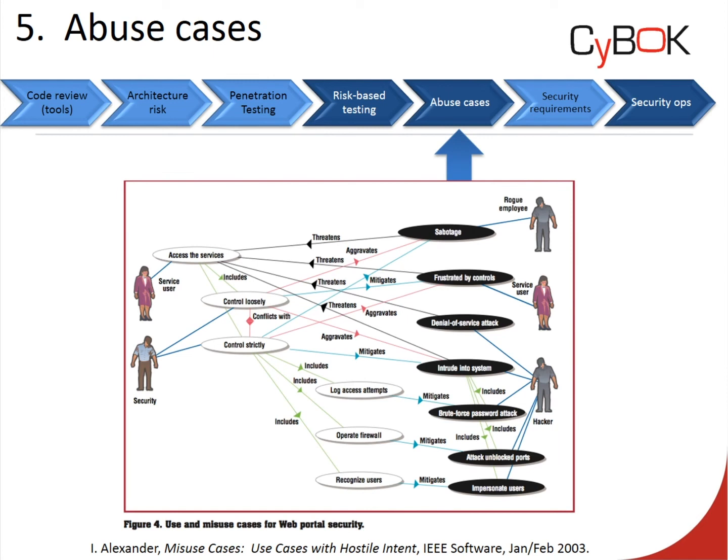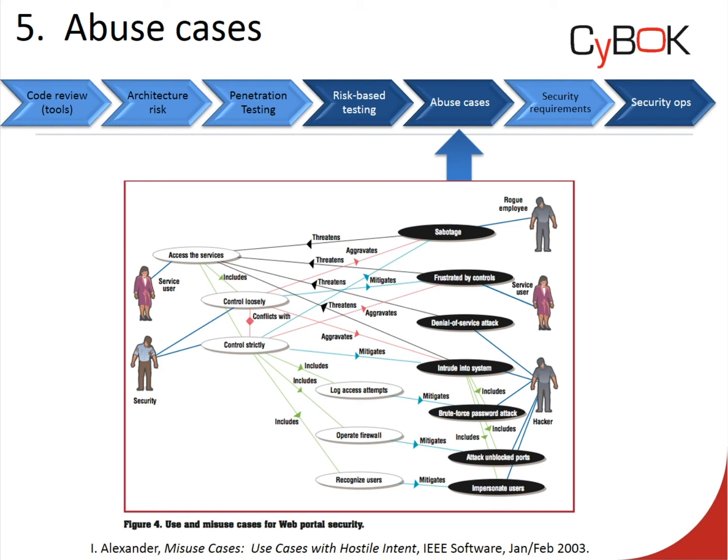Another is specifically abuse cases, and abuse cases are a form of security requirements, and use cases have been used in the software industry for quite some time. This is a diagram, and in that diagram, on the left side are the good users of a system, and on the right side are the bad users.